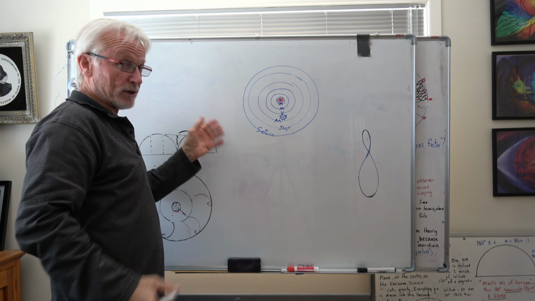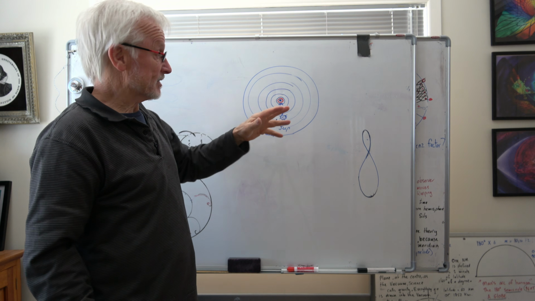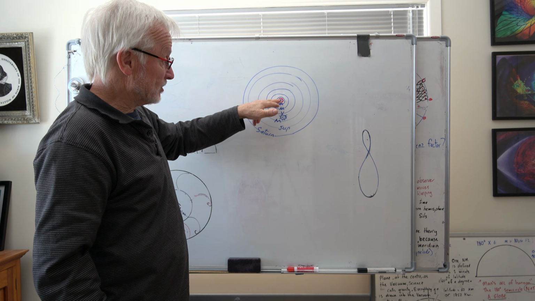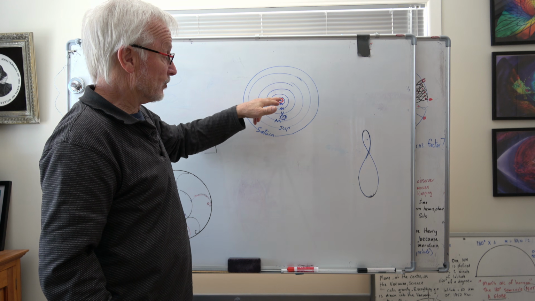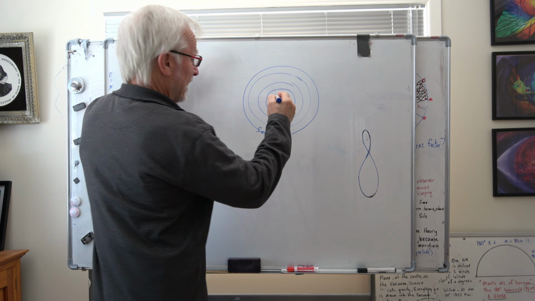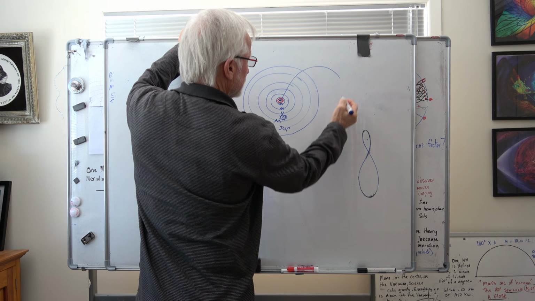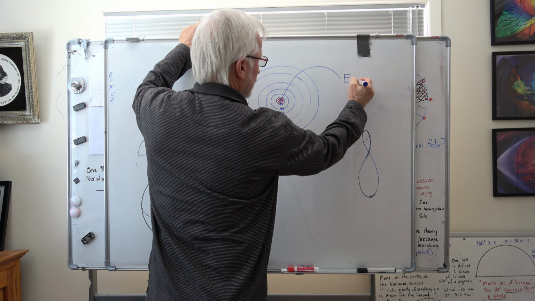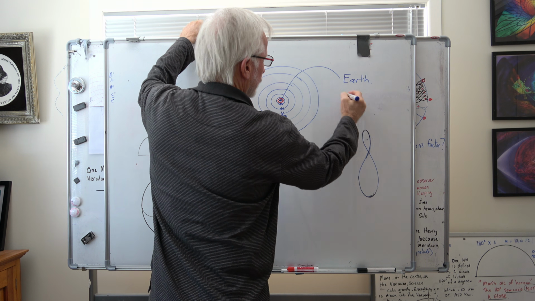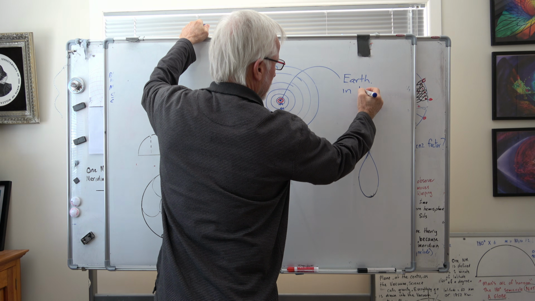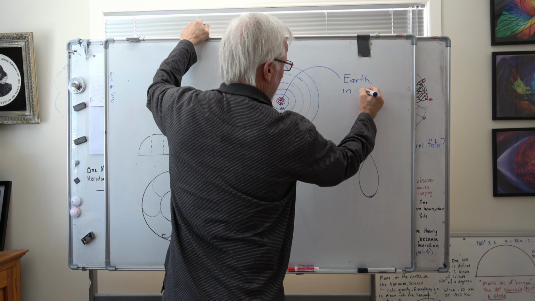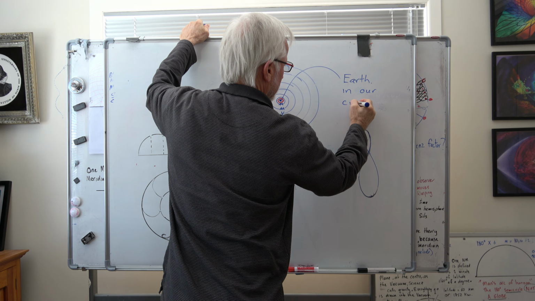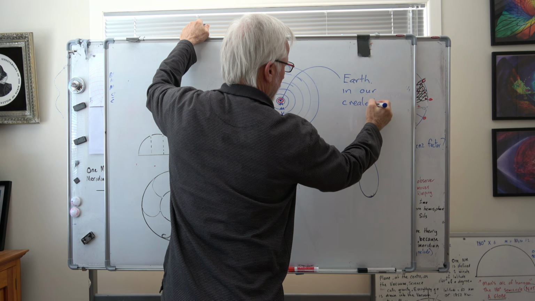Because at the end of the day, what you got to realize, you don't know this now, is that center represents the black hole of creation. And that black hole comes out and becomes Earth in our created realm.